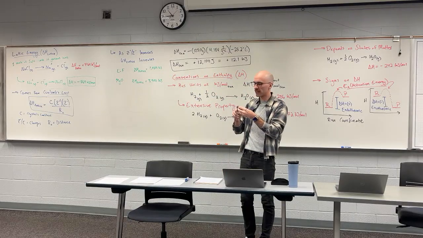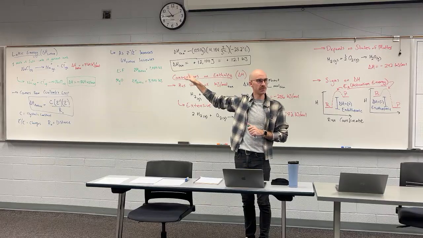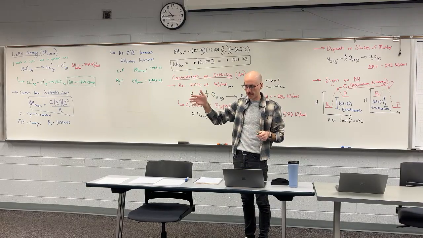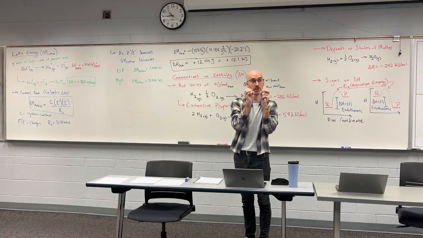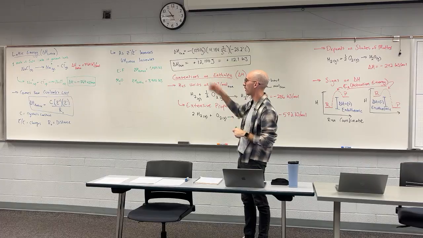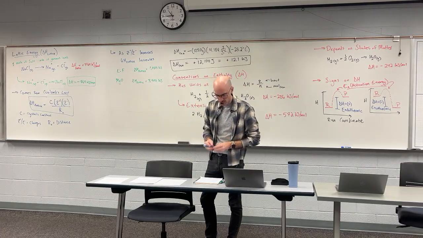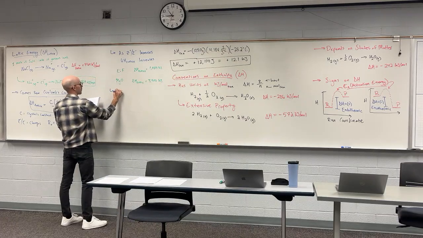These have roughly the same distance. The ionic distance between Li and F and the ionic distance between Mg and O is about 200 picometers. They're about the same distance apart, so R is constant. We're just comparing how the charge changes. But let's look at what happens when the charge is the same and the ionic radius changes.